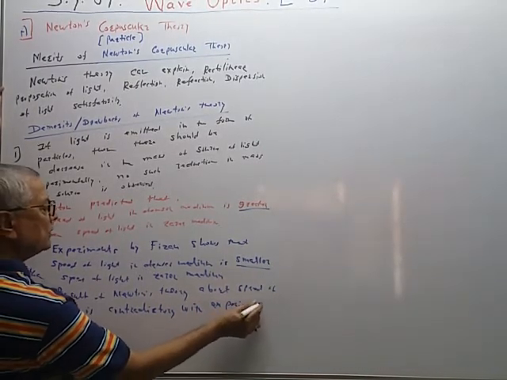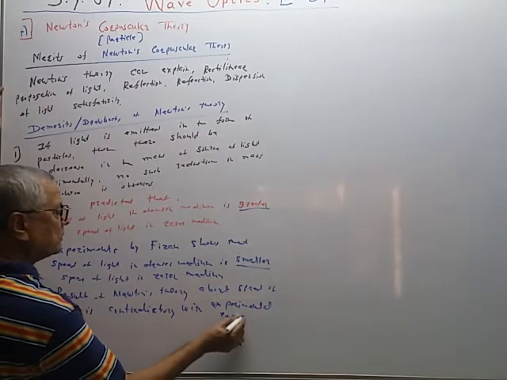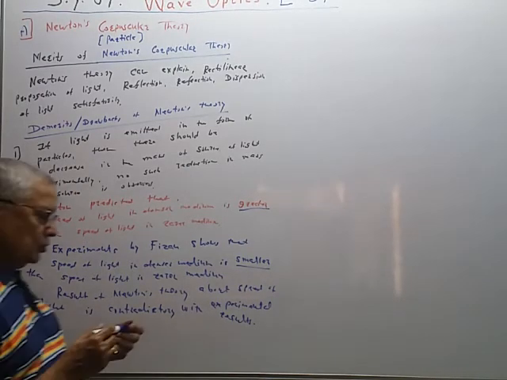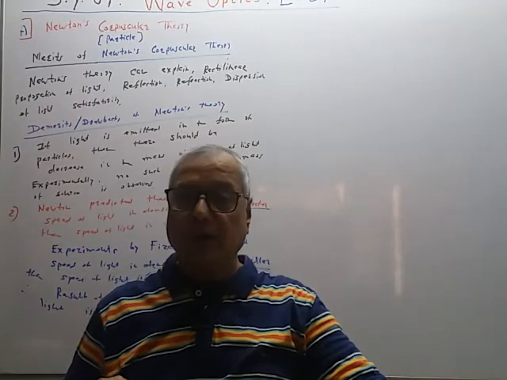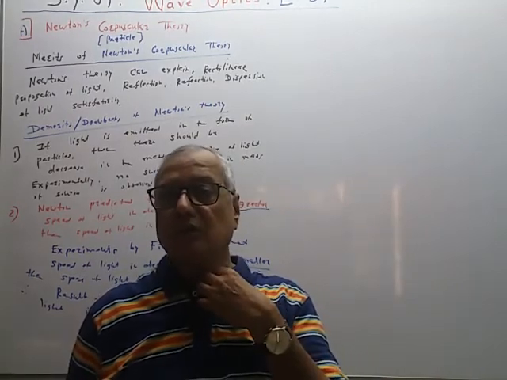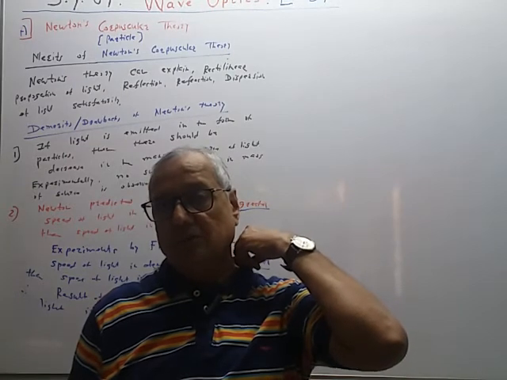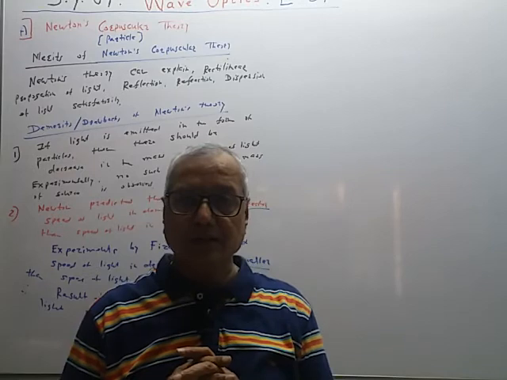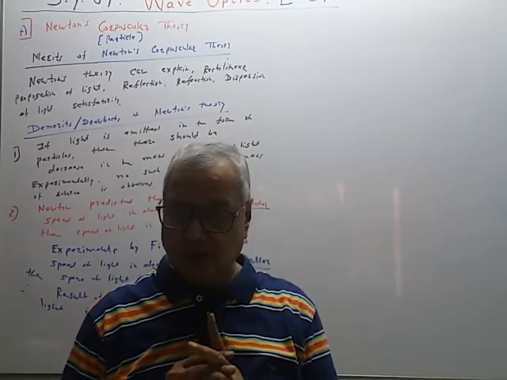Experimental results anyone can verify, even we can verify today. So this is one more severe drawback. The result about the speed of light given by Newton is wrong. Predicted means without performing any experiment, Newton suggested that the speed of light in a denser medium is more. Practically it is wrong, like this.